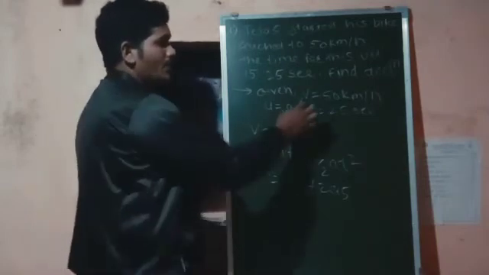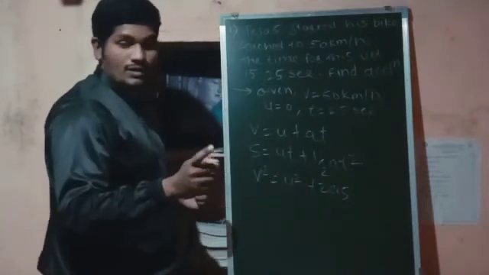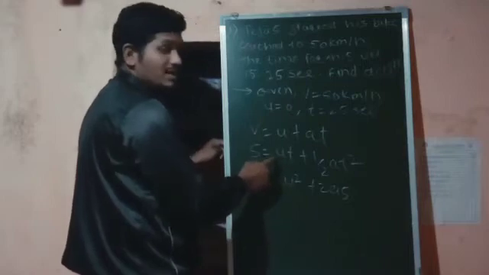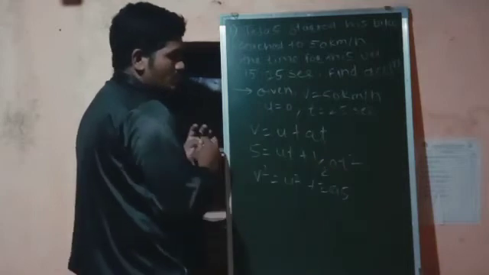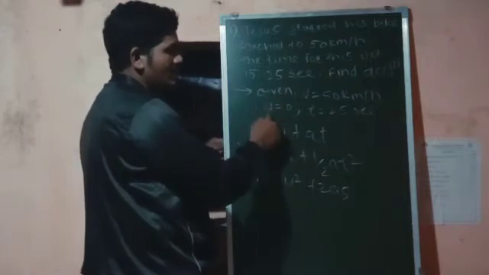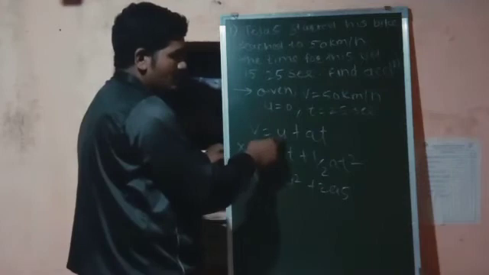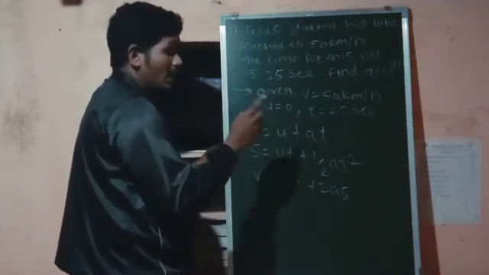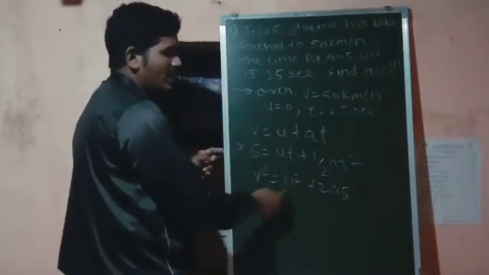They have given velocity, 50 km per hour, but in the second formula there is no velocity. V is absent, so this formula will be cancelled. Then I go to U equal to 0, the initial velocity, which is there in both the first and third formulas. Now there are only two options.